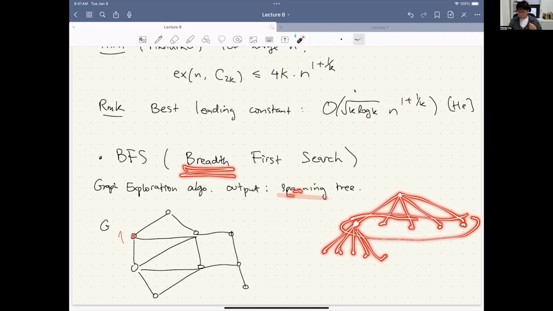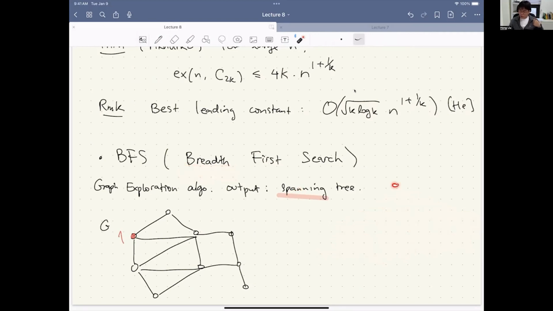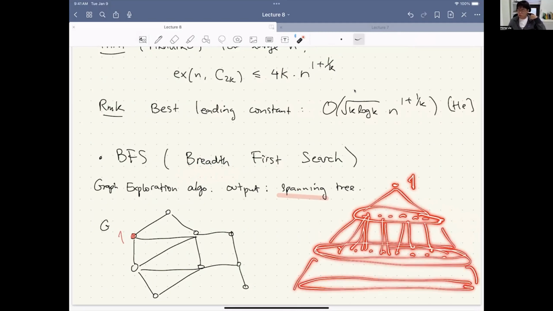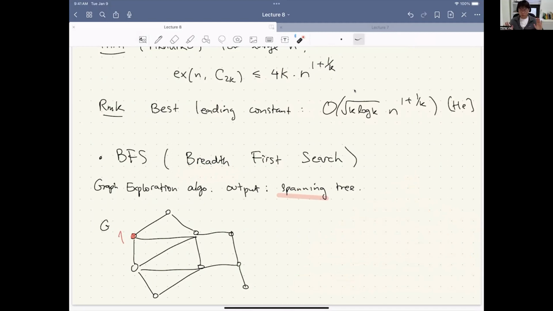When it's done, you go back and exhaust everything there. In other words, you start with an arbitrary vertex and find all the vertices of distance 1 from it. That's the first layer, children. Then you find all the vertices of distance 2 from it, the grandchildren. After you finish all the grandchildren, you go to the third layer. That's the BFS.